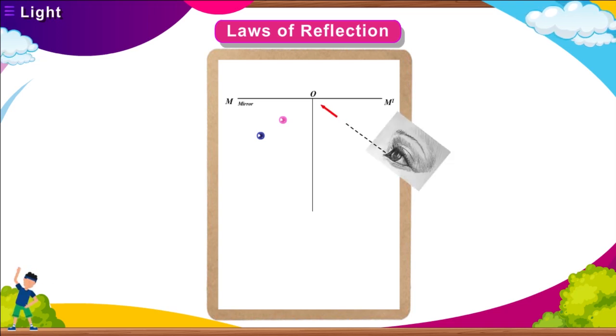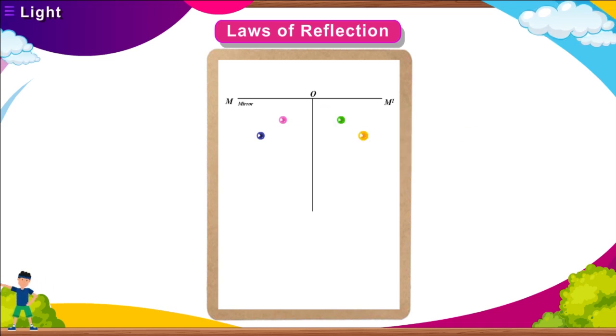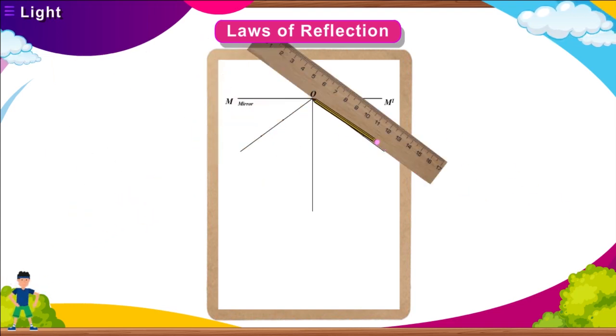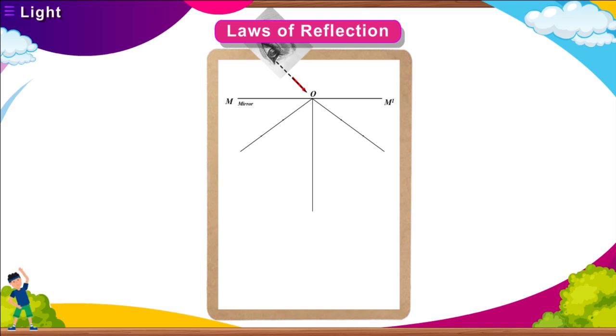Observe the images of the pins from the other side of the perpendicular line. Fix two more pins on the line of the images of the pins you have fixed earlier. Remove the mirror and the pins and join the lines of the pins on both sides of the perpendicular with a pencil and scale.